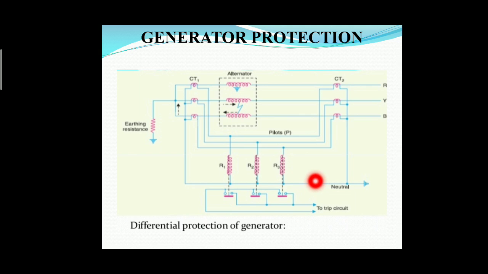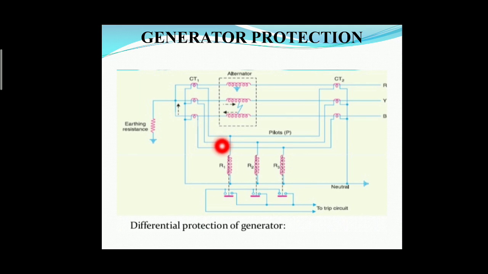The differential protection basically consists of two CTs at both ends of this alternator stator winding. We are connecting the two CTs by pilot wires.